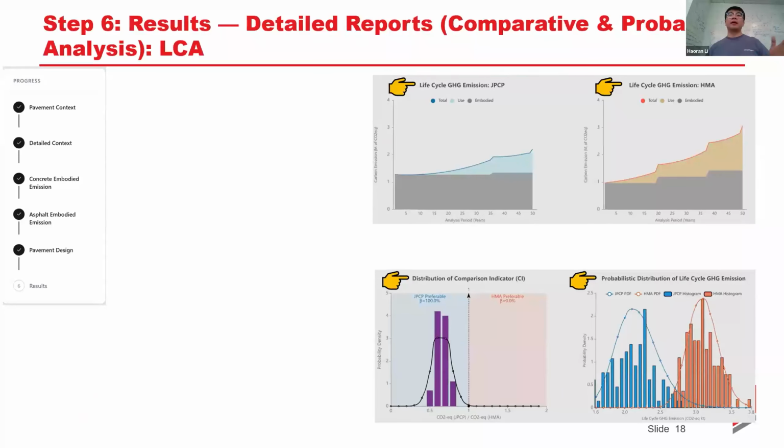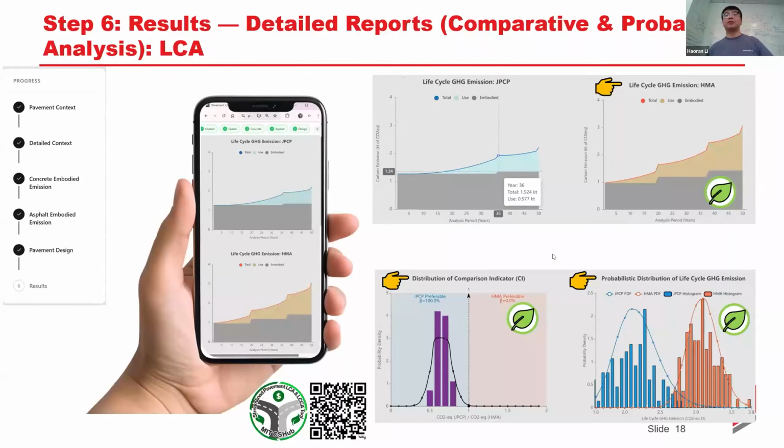All right, so as we just talked, we're interested in the statistical analysis, or comparative and probabilistic analysis, to compare these two equivalent pavement alternatives. On the top, it's very easy to see the embodied emissions and the use phase emissions. But for the bottom, we actually give you more idea of this statistical analysis for the given 100 Monte Carlo simulations.